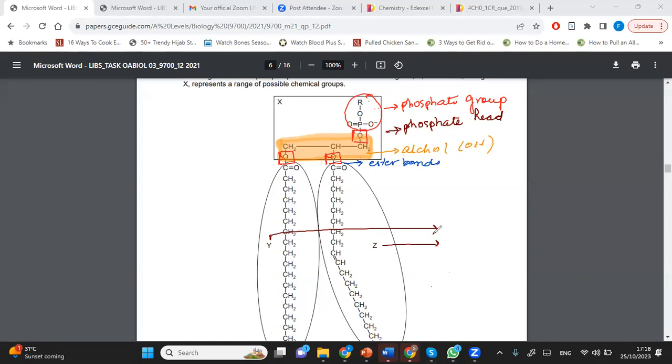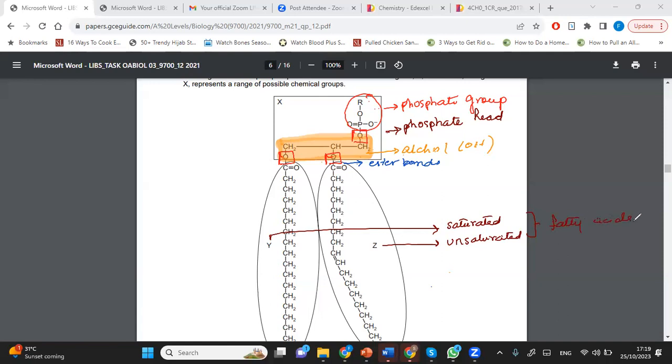What is Y and what is Z? Y is a saturated hydrocarbon chain and Z is unsaturated. Yes. Both of these are basically fatty acids, right? Only that Y is a saturated one and Z is an unsaturated one. But both of these are going to be classified as fatty acids.